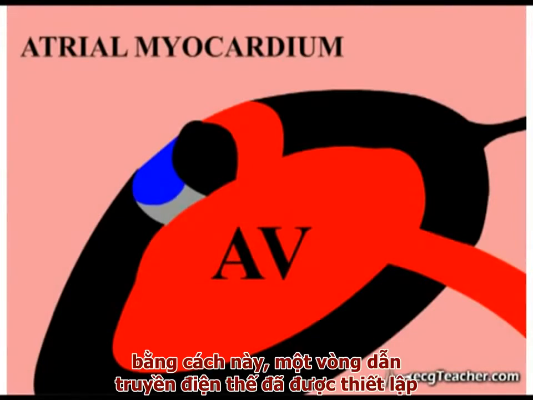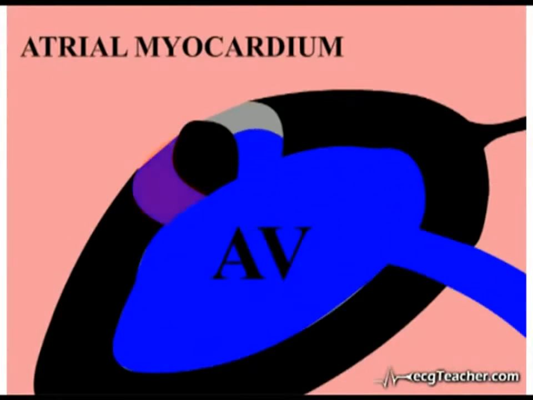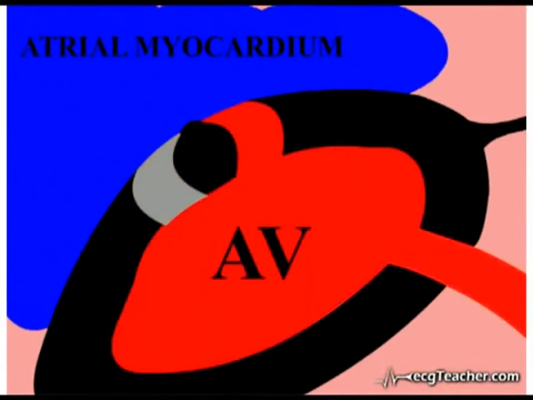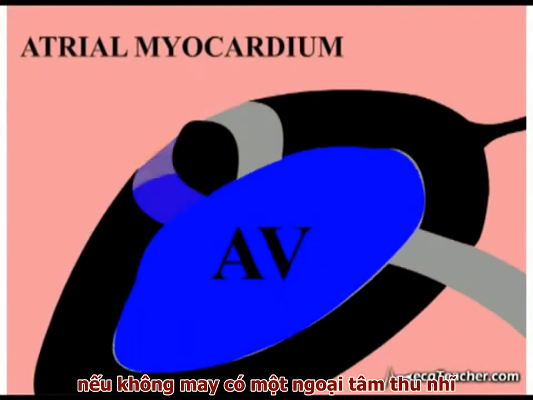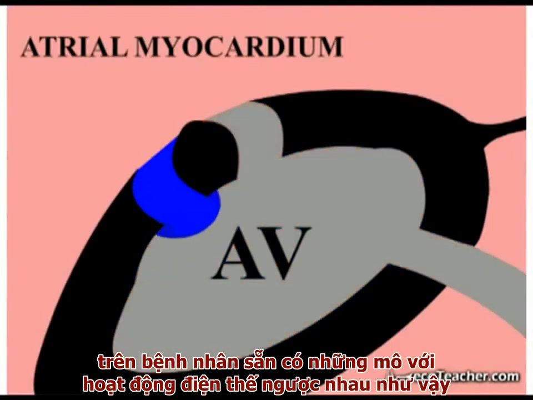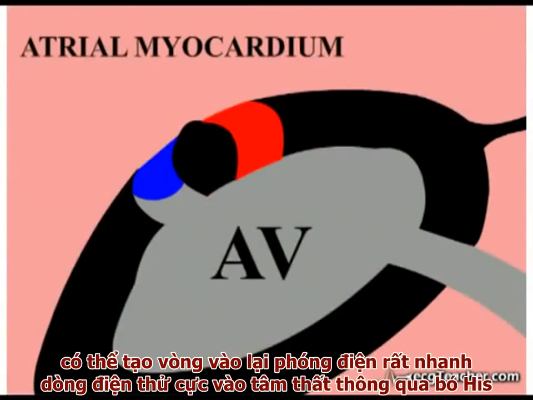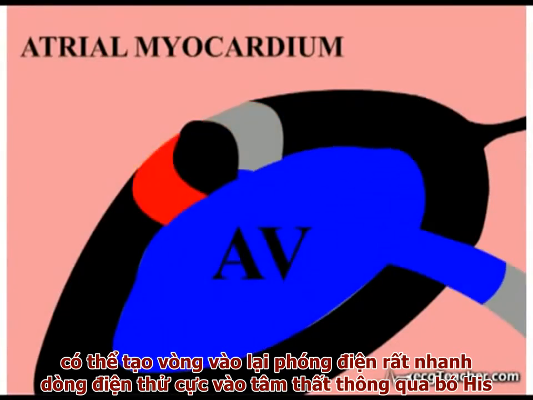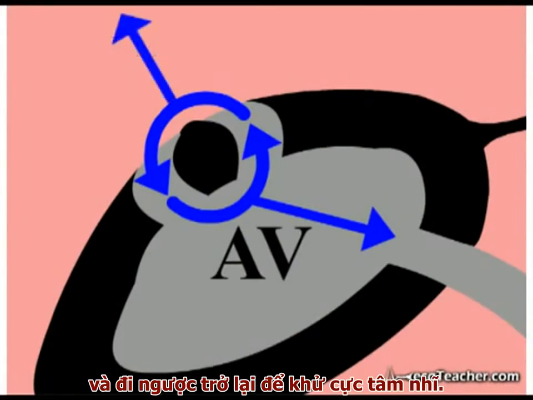In this way, a cycle of circulating current is established. In the small area of the junctional region, the combination of an unfortunately timed atrial ectopic and the existence of conducting tissues with opposite electrical properties has established a rapidly discharging, self-sustaining reentrant loop of depolarizing current, which is discharging distally into the ventricles via the bundle of His, and also in a retrograde fashion into the atria.